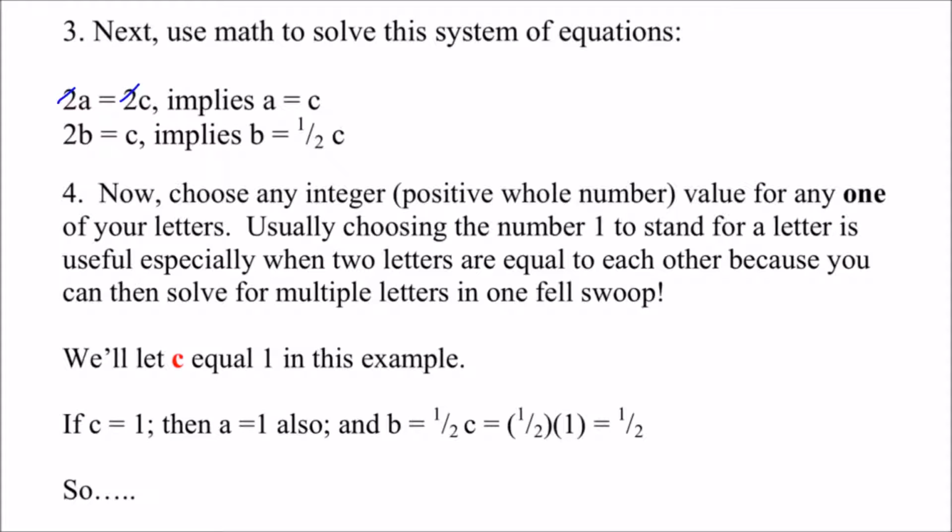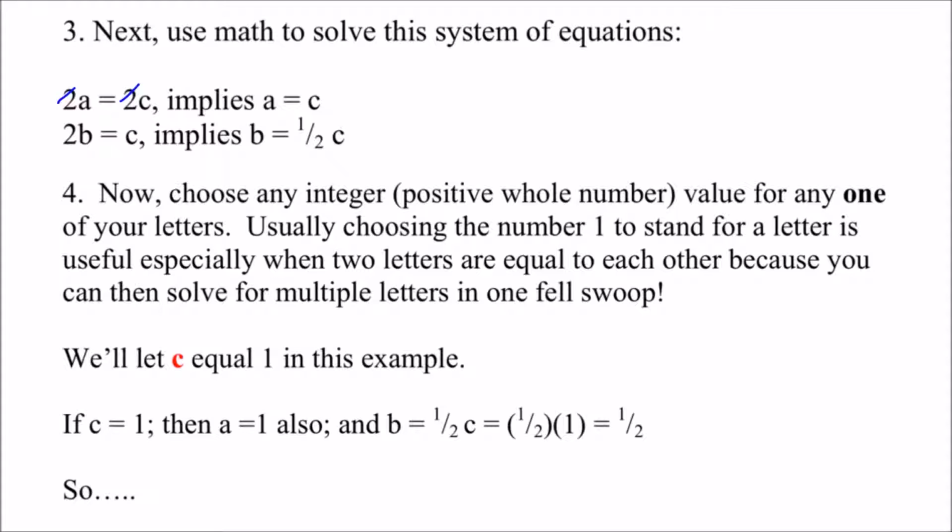It's a good idea, if you can, to kill 2 birds with 1 stone. Here's what I mean by that. If you choose letter A or letter C to equal your number, then you've automatically figured out what the other one is, because those 2 are equal to each other. If you choose B, however, then you're only going to be able to find out letter C. So I have chosen in this case to let letter C equal 1.